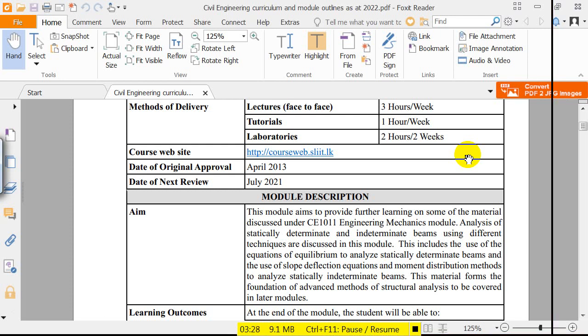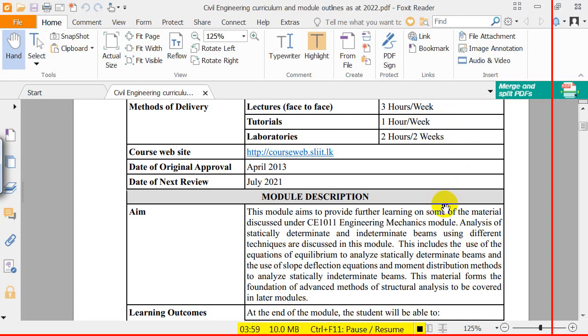We will be focusing on analysis of statically determinate beams and statically indeterminate beams. We'll see in the future how to define statical determinacy if you don't know it.